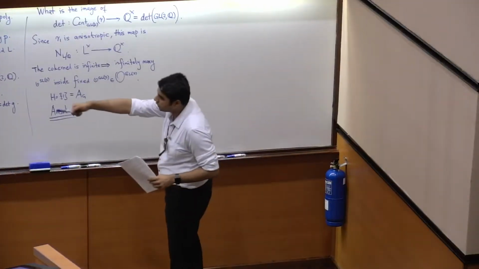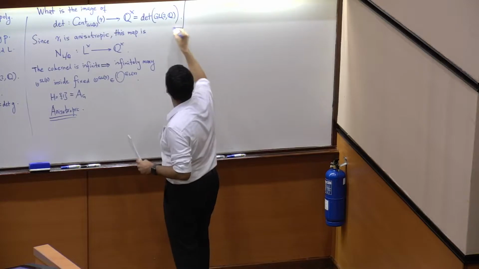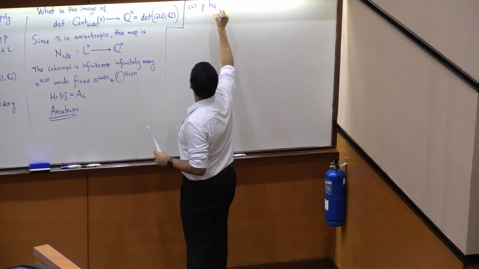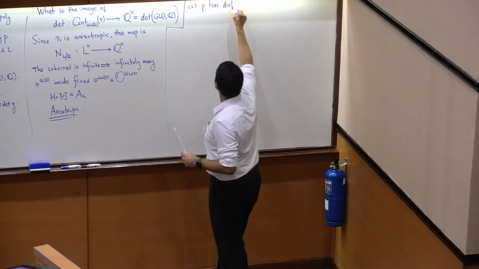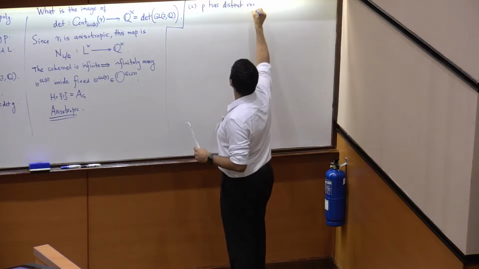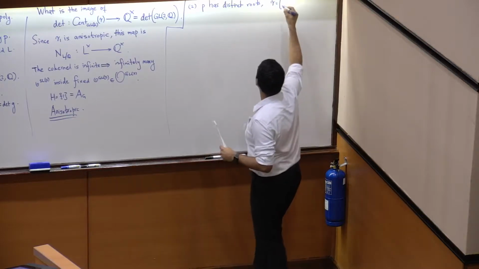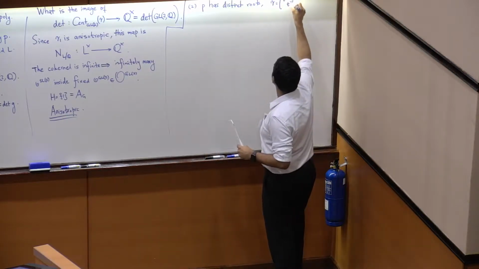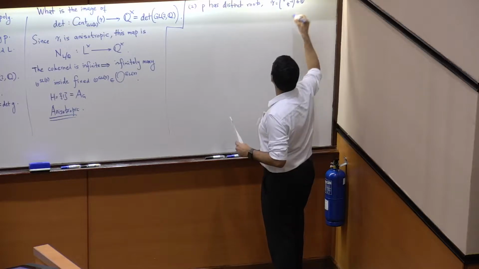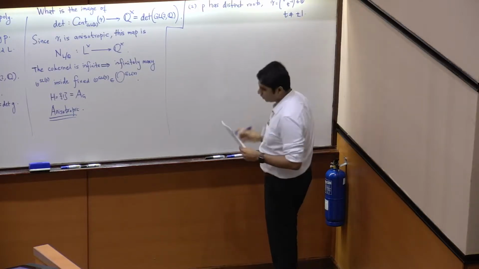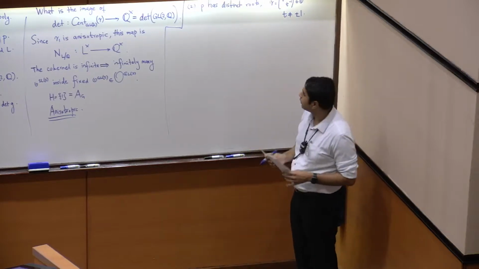Now the next case is that it has distinct roots. So second is P has distinct roots. And say an element gamma, which looks like T, T inverse, is in O. And since it has distinct roots, T is not equal to the identity or its negative.